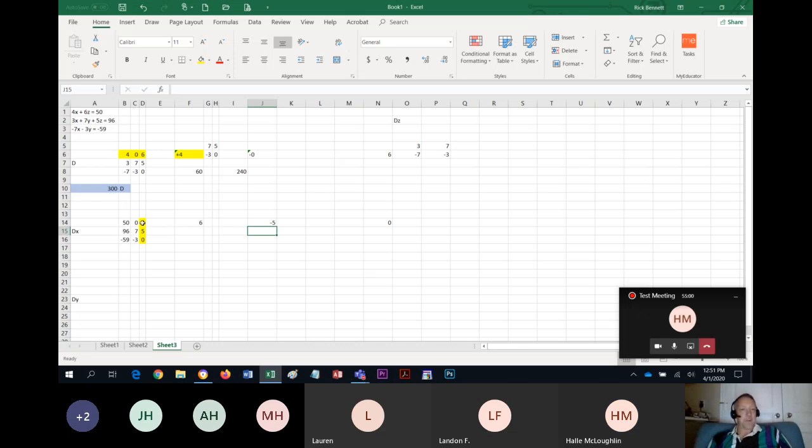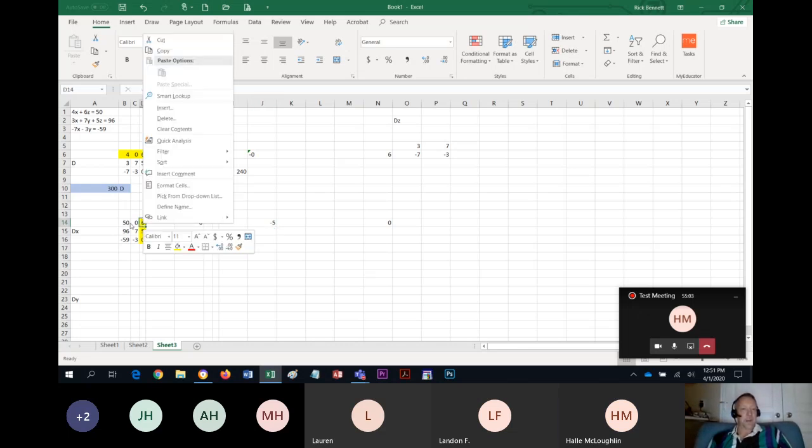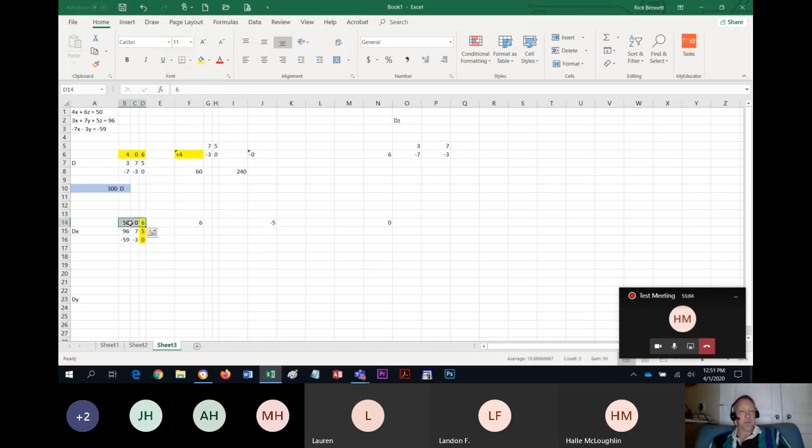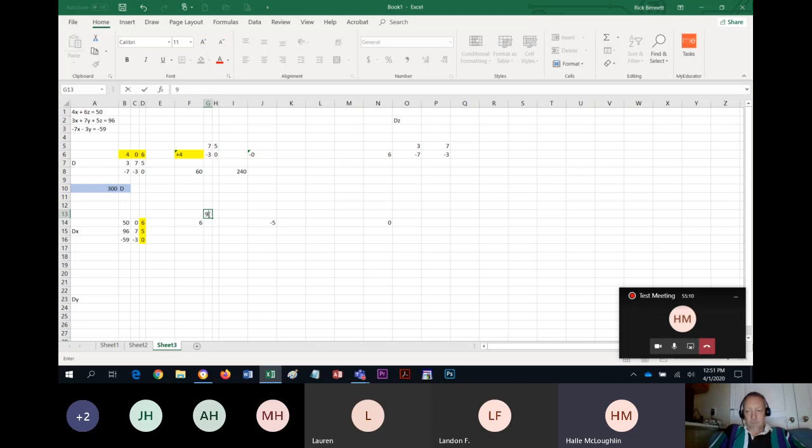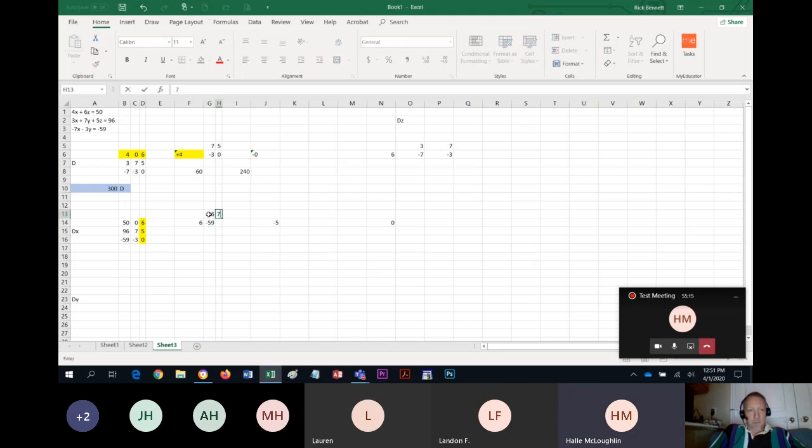All right. So now if I'm blocking out the last column and the first row, I'm going to end up with what? 96, -59, 7, and -3. 7 and -3. Okay.